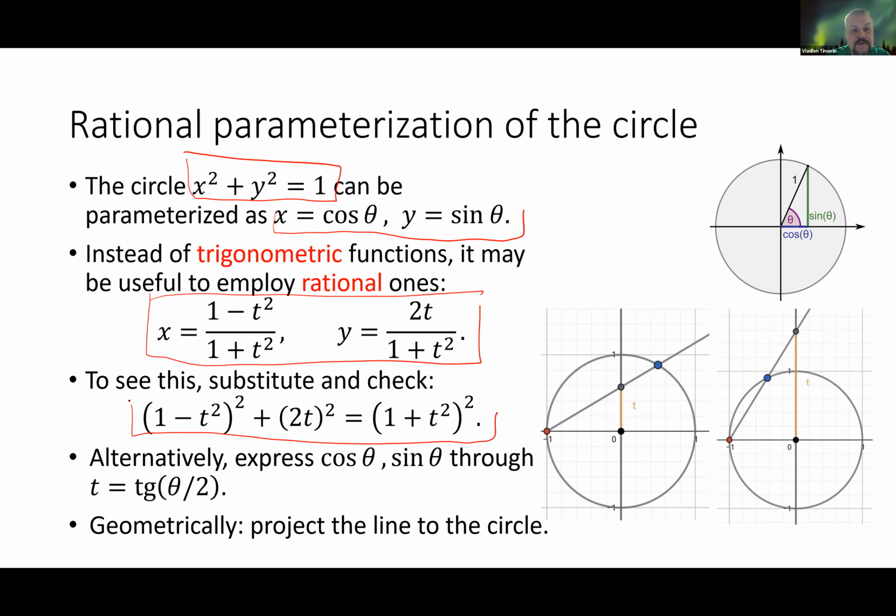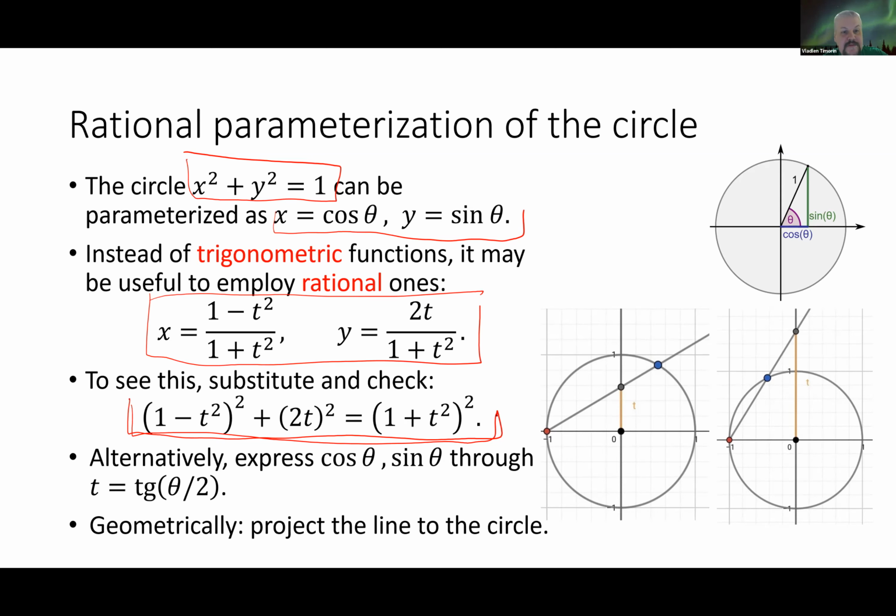And this formula will be important. We will also consider some generalizations of this formula. Okay, let me skip further comments on this.